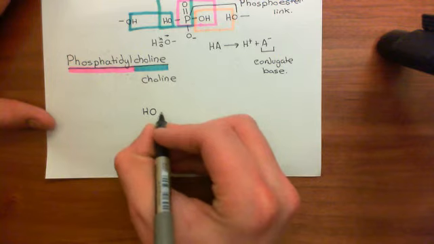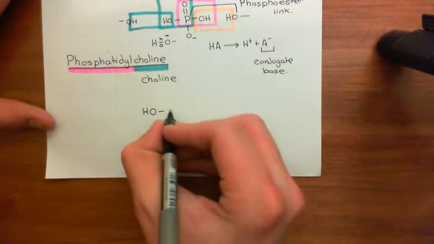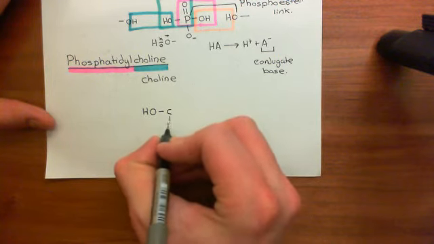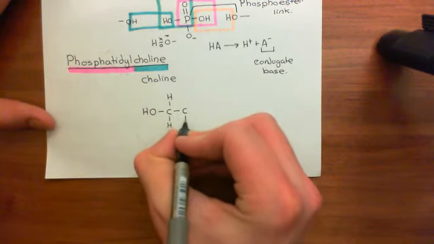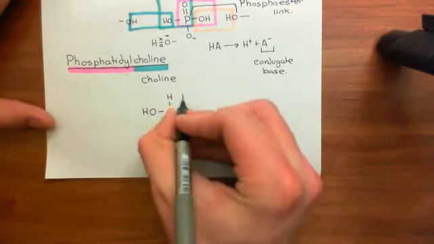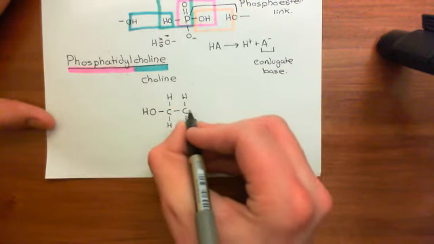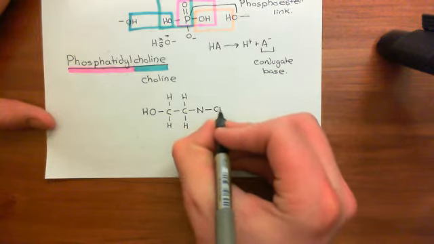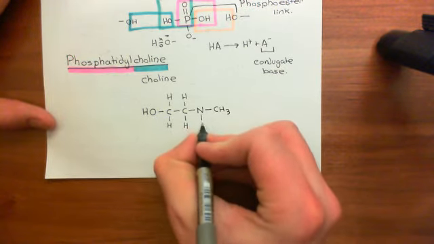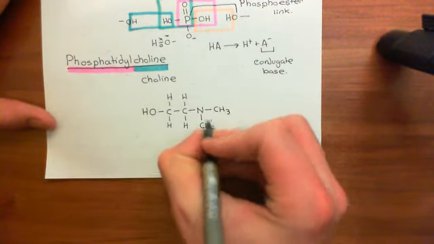So here's the alcohol group intact and pure, and now off that alcohol group you have an ethylene group, which just means two methylene groups joined together. Okay, like so. And then off the other side you have a nitrogen atom, and this nitrogen atom has 3 methyl groups coming off it, like so.